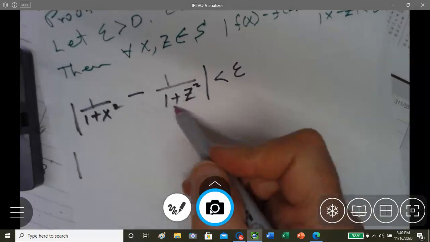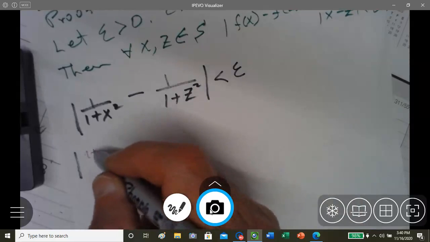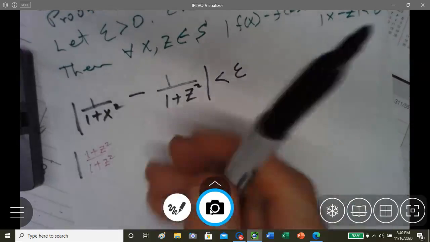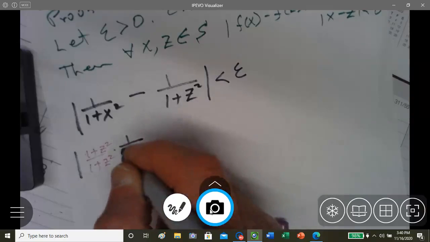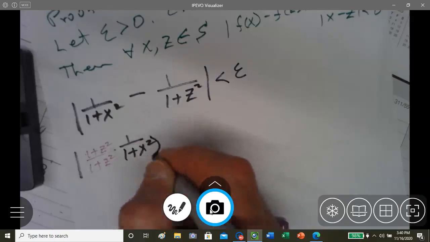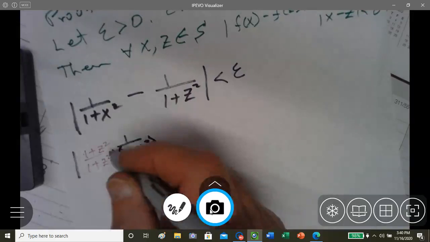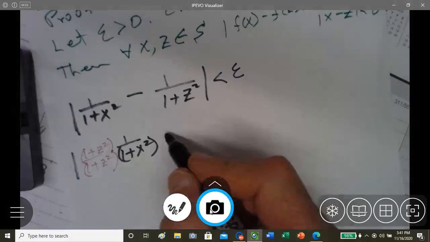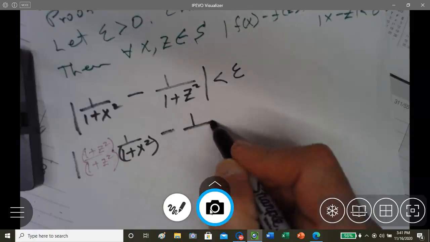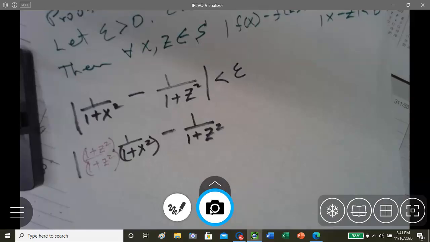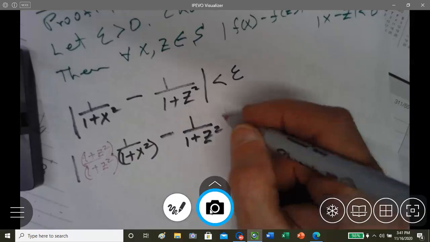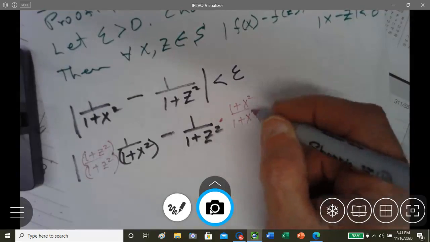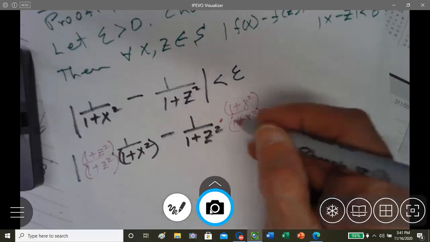Since this is 1 plus z squared, we need to multiply 1 plus z squared over 1 plus z squared times 1 over 1 plus x squared, and put this in parentheses, minus 1 over 1 plus z squared, and for the common denominator we multiply that by 1 plus x squared over 1 plus x squared, because we're trying to combine these two terms together.